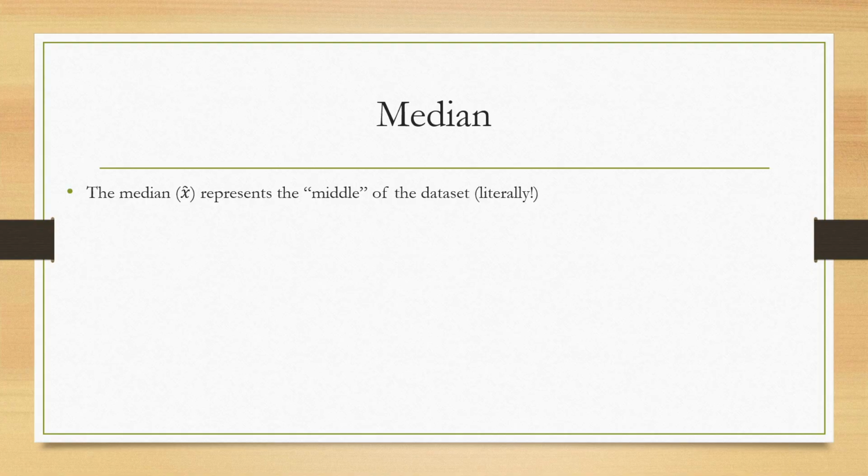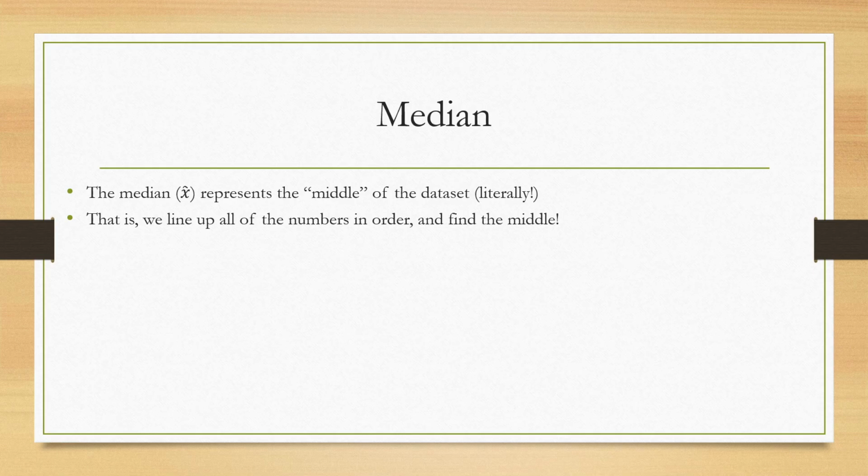Unless I move enough things that the middle object changes, even if I slide some things in and out, as long as the middle object stays the same, the median stays the same. So it literally is the middle of the data set, and it moves around a lot less often than the mean does, which is sometimes really good and sometimes not as good.